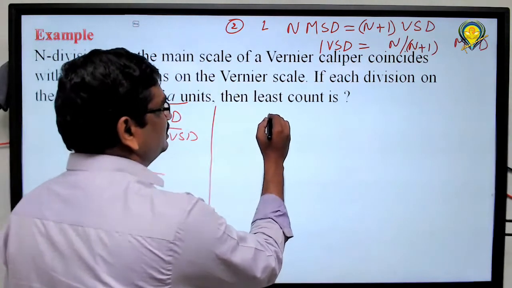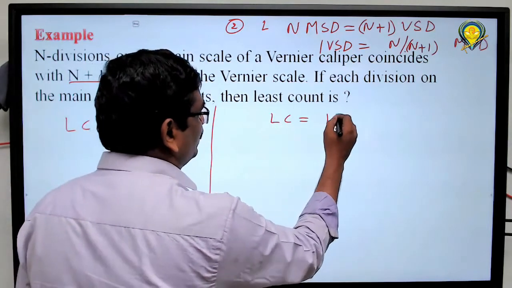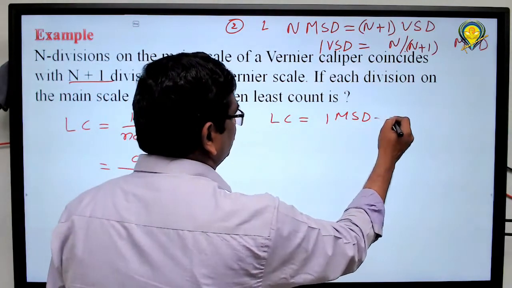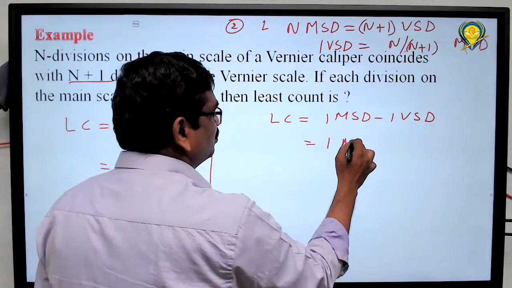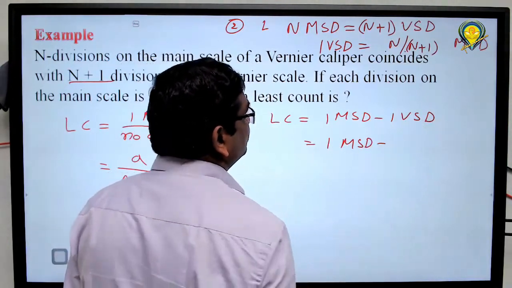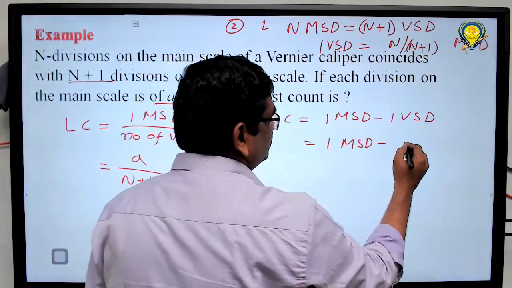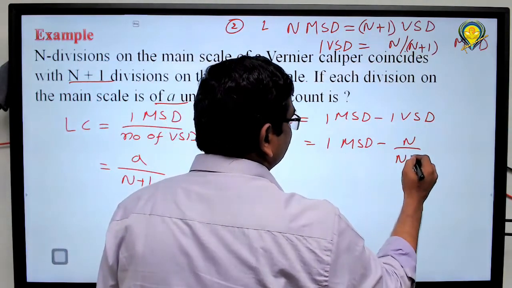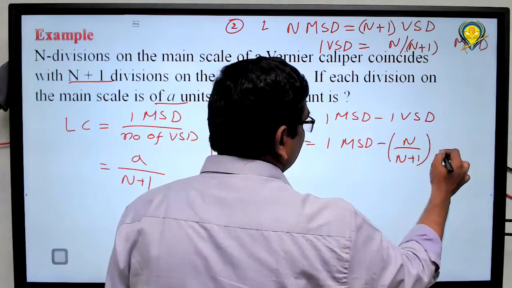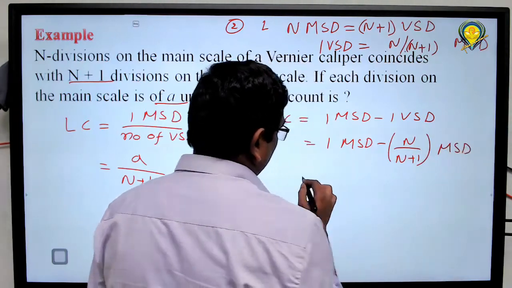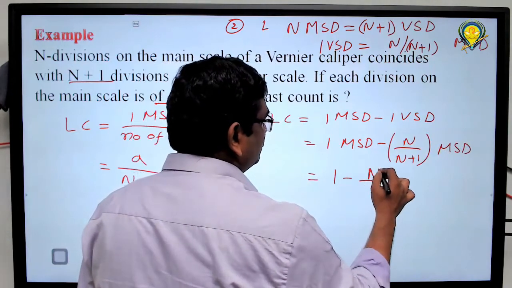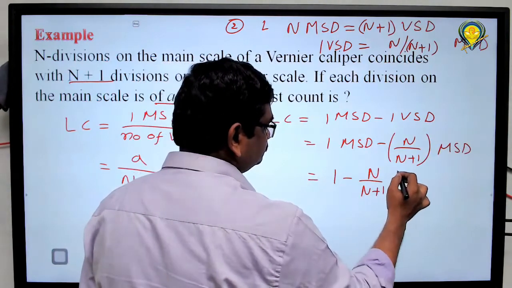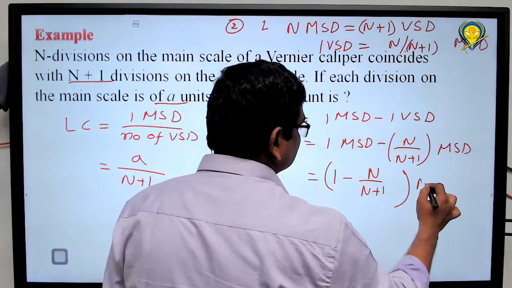What is the formula for least count? One main scale division minus one vernier scale division. Substitute the vernier scale division value. One main scale division minus n by n plus 1 main scale divisions. Take main scale divisions as common: 1 minus n by n plus 1, into main scale divisions.